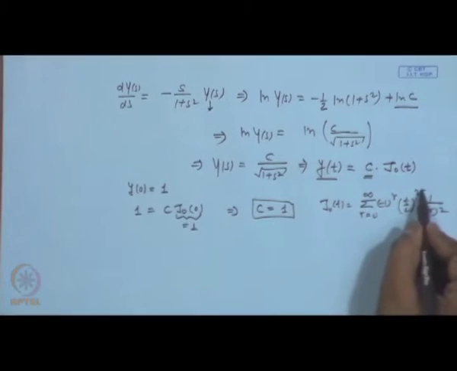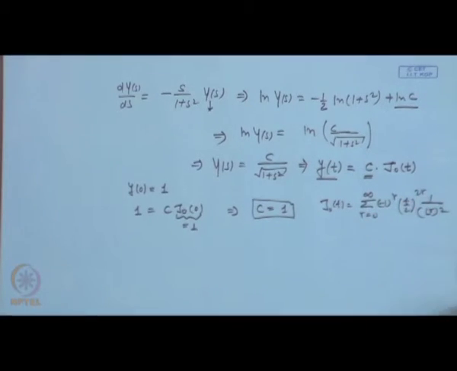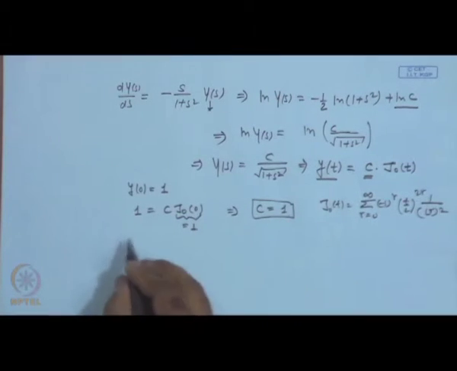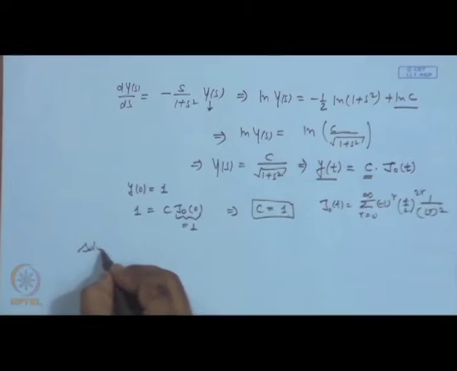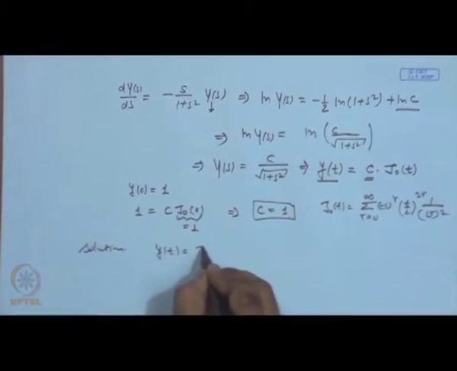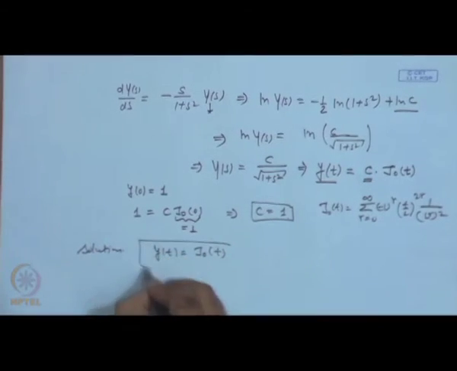So, the first term will be 1, and then in all other terms t appears, and as this J0(0) will be 1, we have c equal to 1. So, then the solution of that given differential equation is y(t) equals J0(t).